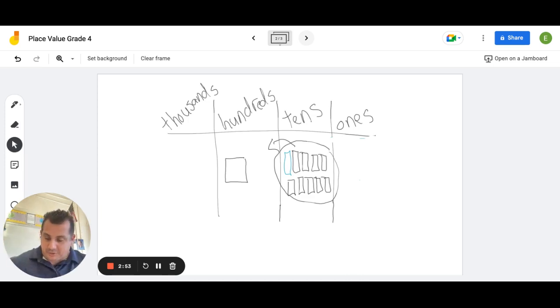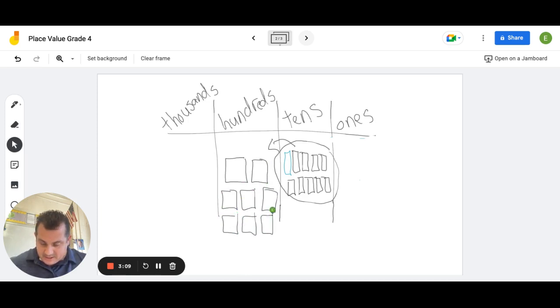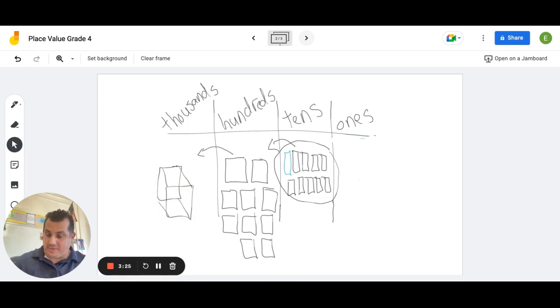And then you can continue, and you could sit here and draw 10 hundreds, 1, 2, 3, 4, 5, 6, 7, 8, 9, 10. 10 hundreds, we could bundle those together for 1,000, which I could draw here as a big cube, and that's worth 1,000.